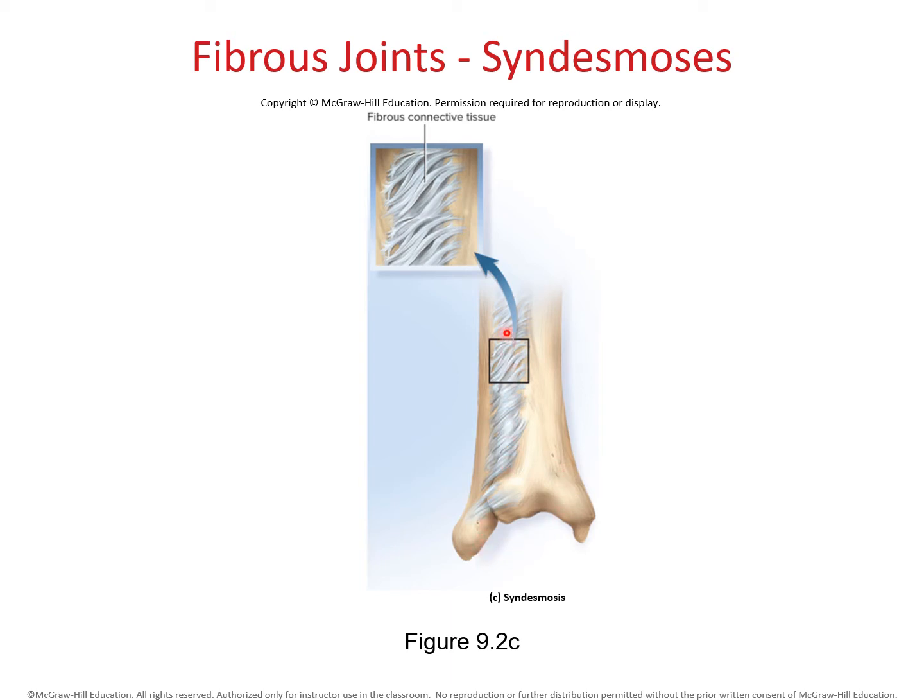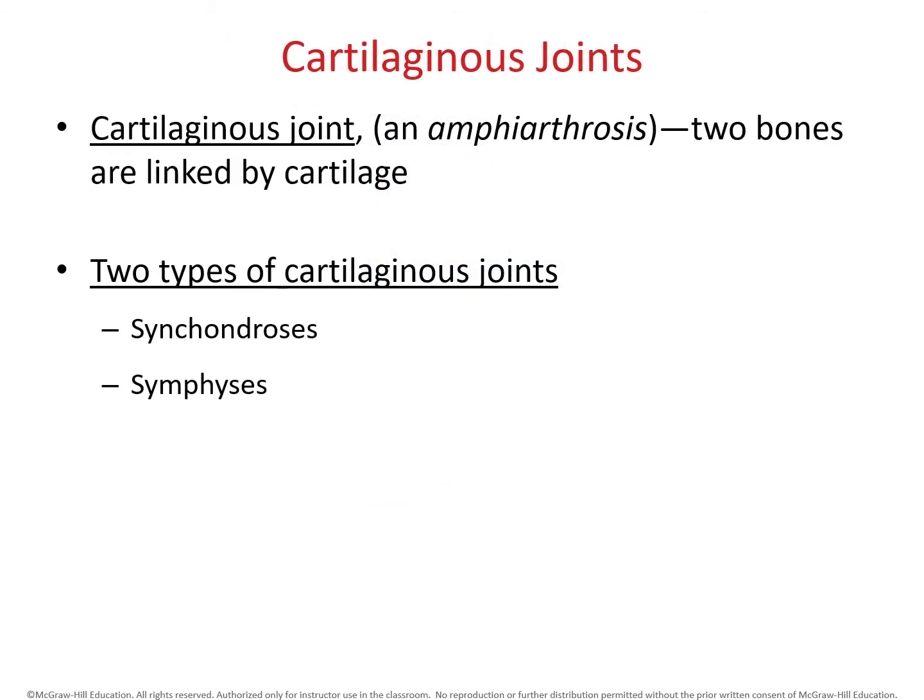You can see there's a sheet of fibrous tissue that will connect these two bones. In the case of the tibia and fibula, very little movement is possible at this location. However, in the radio-ulnar joint, there will be movement possible. All right, so that was fibrous joints.